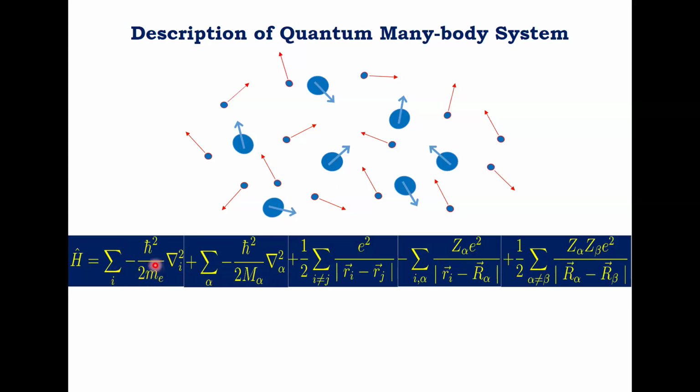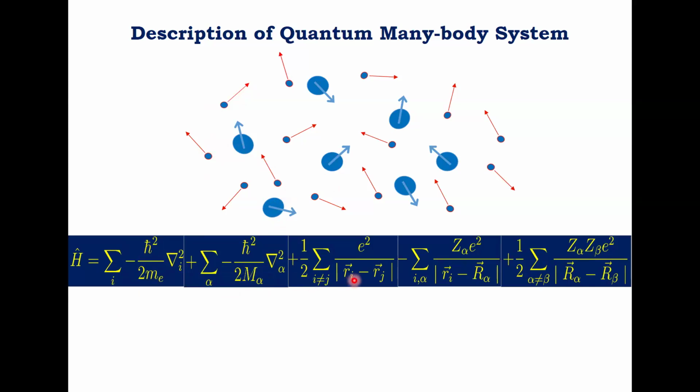The first part is the kinetic energy of the electrons, the small circles. The second is the kinetic energy of the nuclei, the bigger circles.